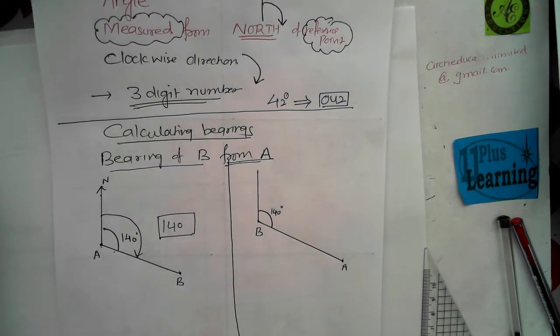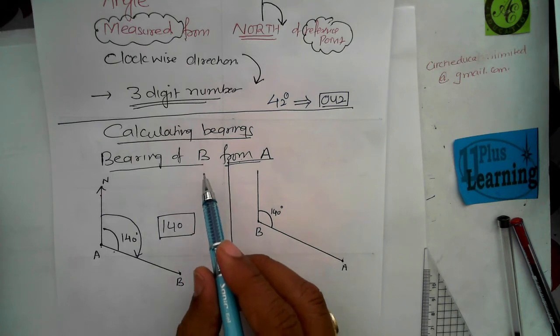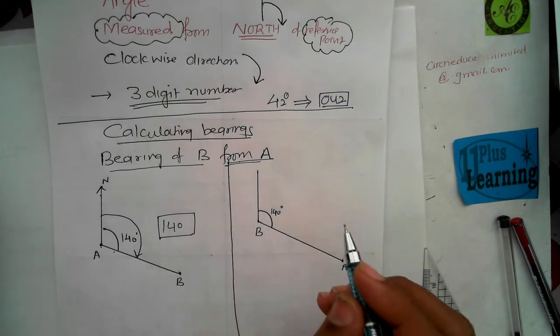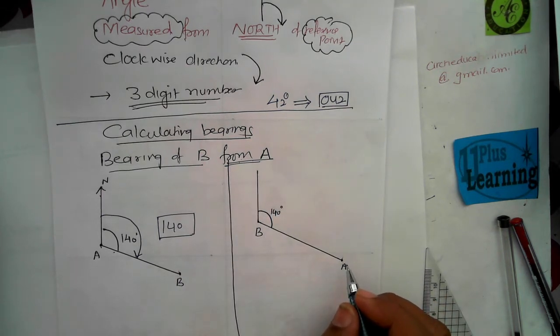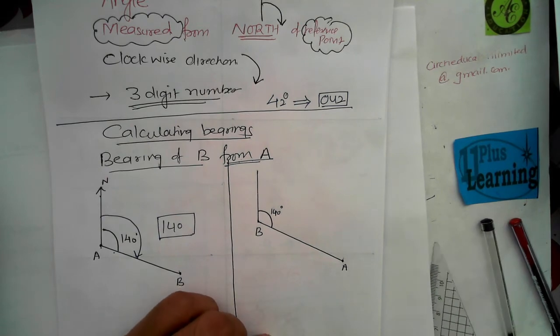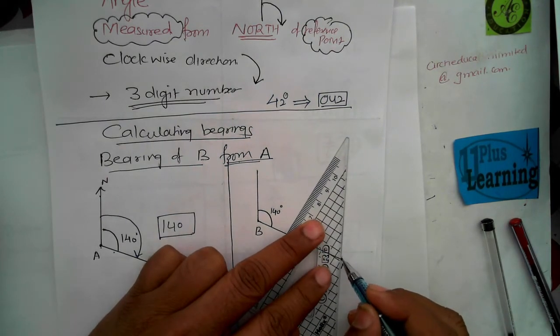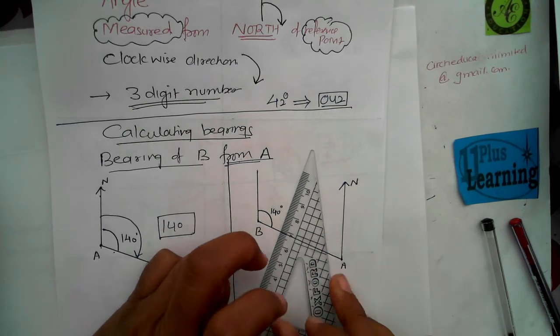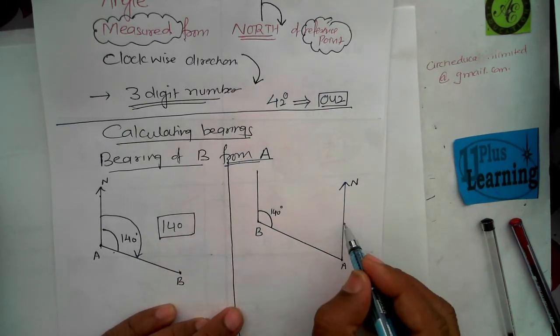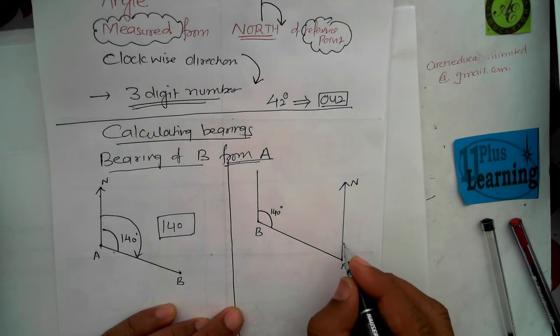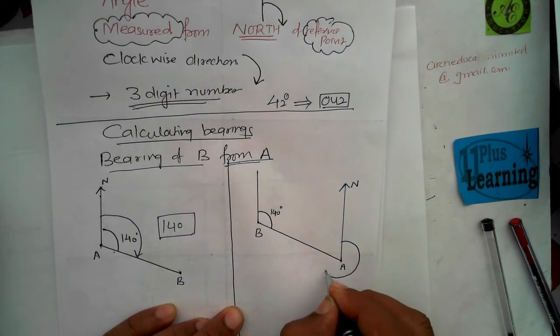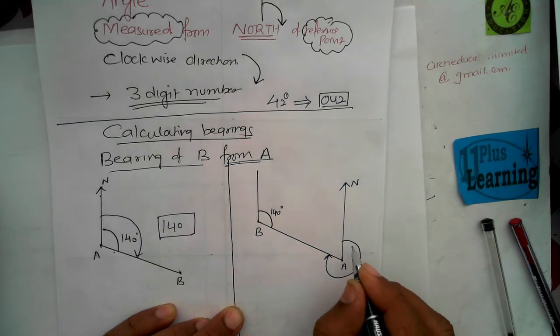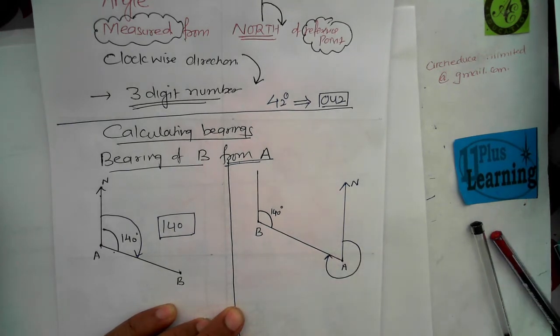And for this one, I have to measure the bearing of B from A again. I have to have north at A, which is not given, so I will draw a north direction at A. From this north direction, I have to go in clockwise direction and reach the line joining A and B. This is the bearing, guys. So how do we calculate this?